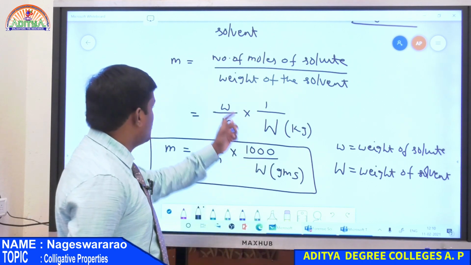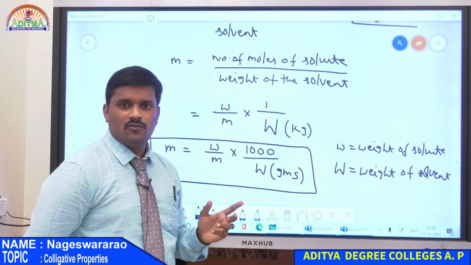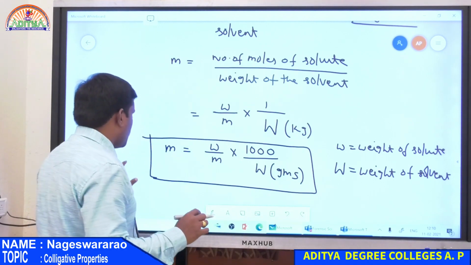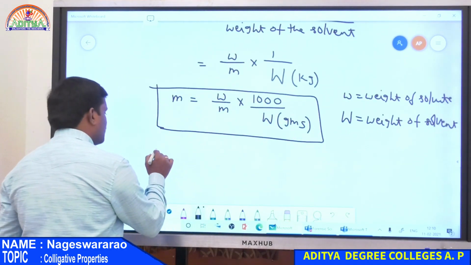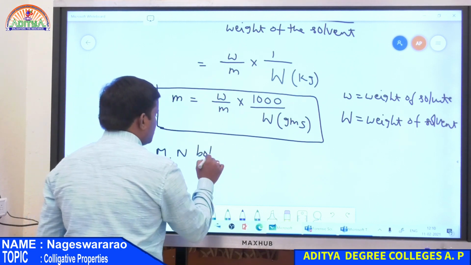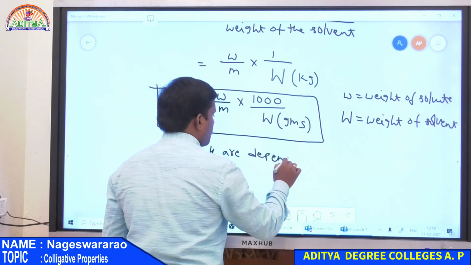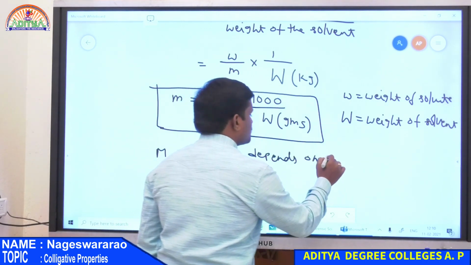So it means molality does not depend on the volume of the solution, whereas both molarity and normality, capital M as well as capital N, depend on the volume of the solution.